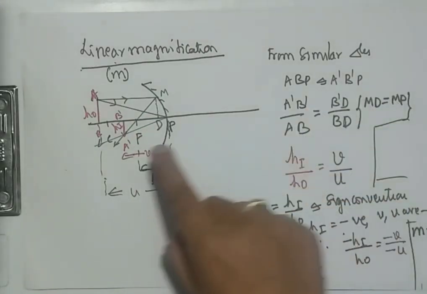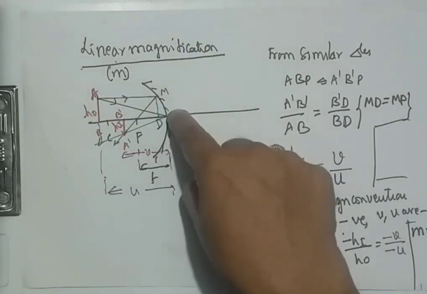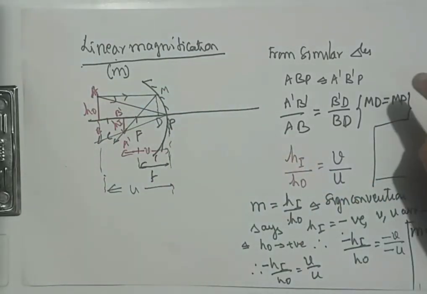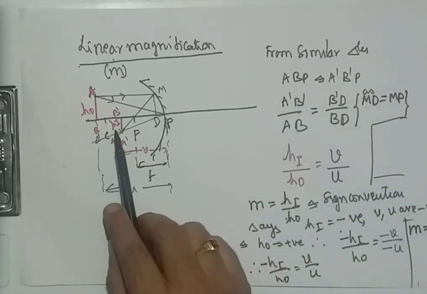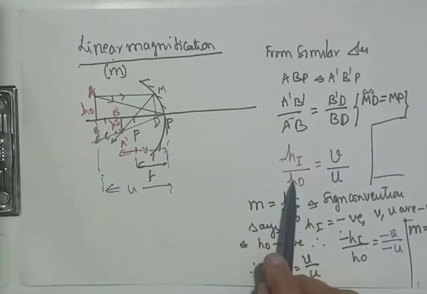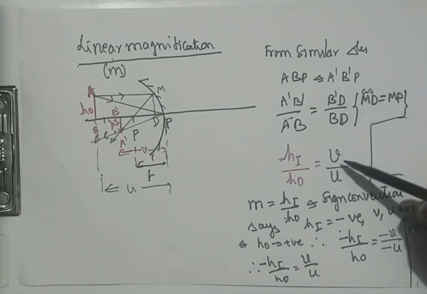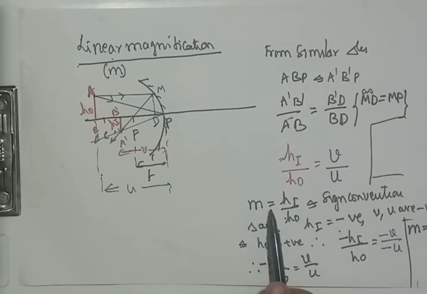From similar triangles, A B P, A dash B dash P, we can write this MD equals MP. A dash B dash is height of the image HI, AB is height of the object HO, B dash D is V, image distance, BD is U, M magnification, linear magnification, HI by HO, and sign convention says HI is negative, V, U are negative, HO is positive.